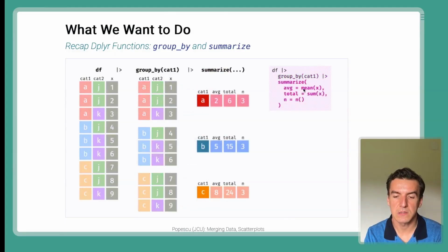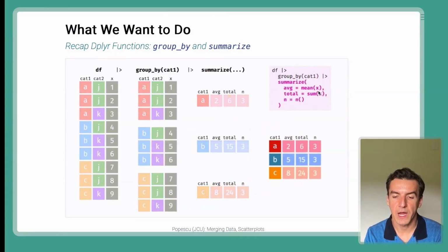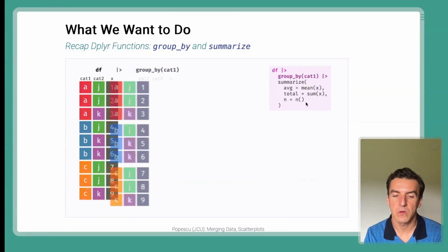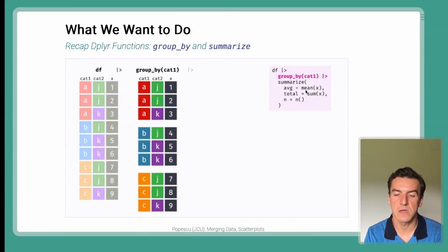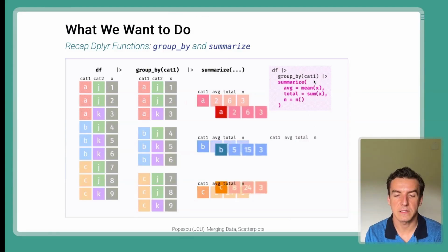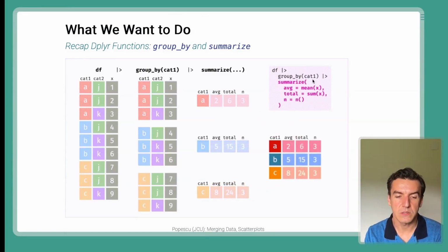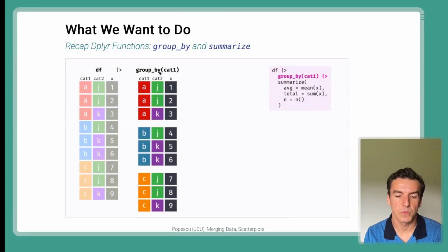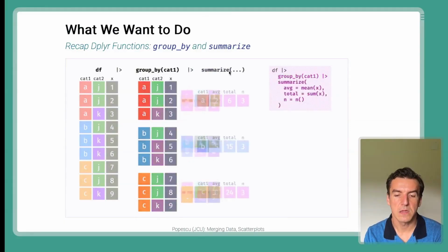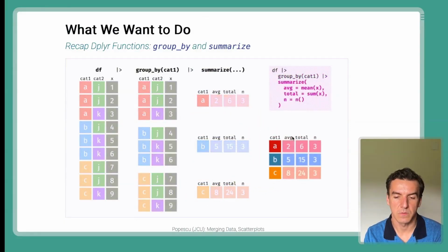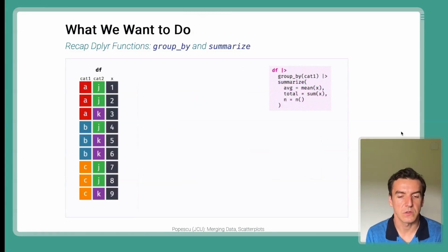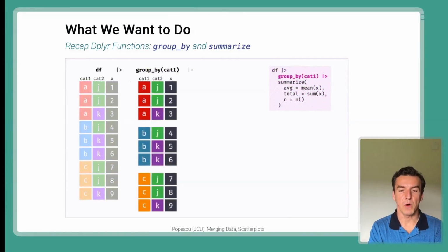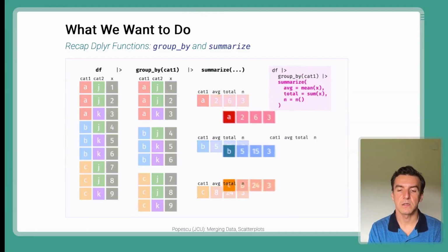So this calculates the average for X, the total for X, and also the number of observations within category 1. Notice once again that df is the original variable. This is what group by does, and then this is what summarize does. So once again, have a look at this yourself. I think this will further solidify how group by and summarize work together.